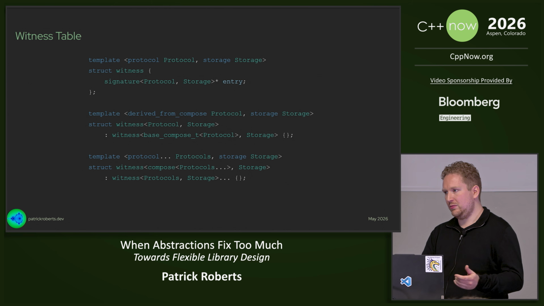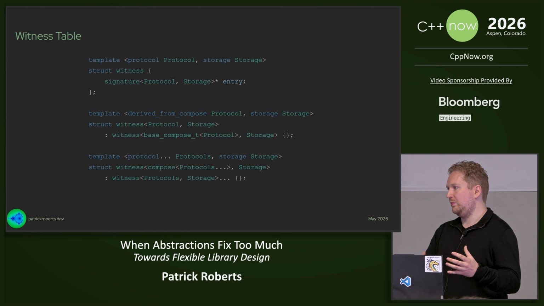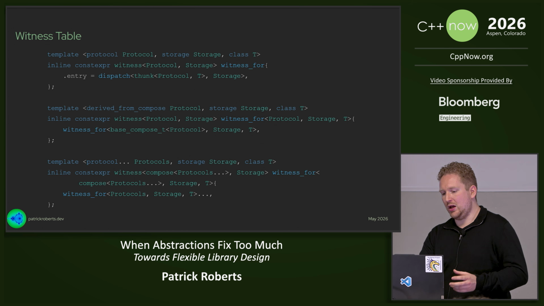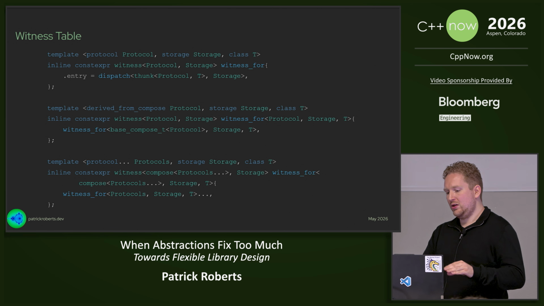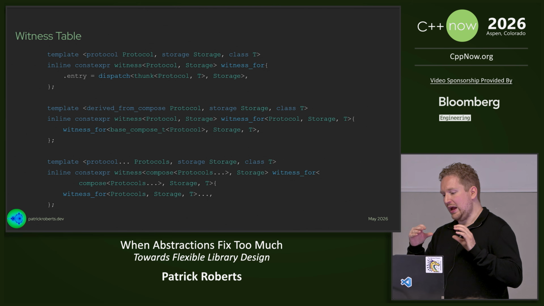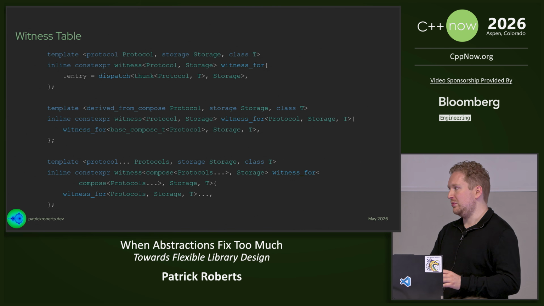With the uniform representation, you can store that in the existential type without having to specialize that per concrete type. But where the concrete type comes in, you have these value templates, where you're actually constructing the witness table for a particular concrete type.